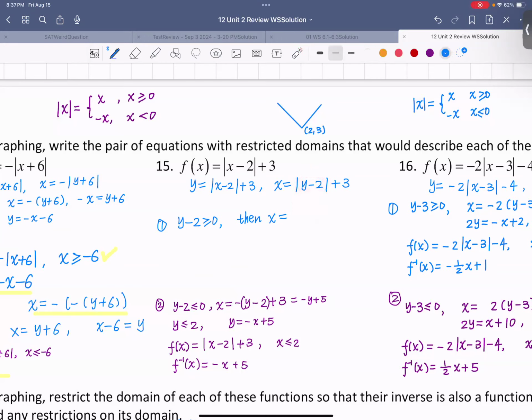Yes or no? So it's just x equals y minus 2 plus... so x equals y plus 1, right? And then y is x minus 1, right? Correct? Okay, yeah, never mind. I get it. Sorry. So y is x minus 1.